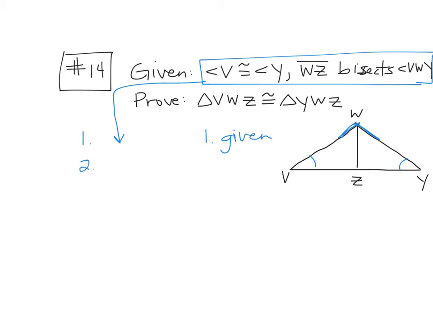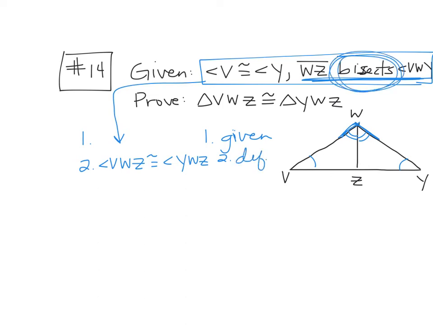Step 2, look at your given, right? WZ bisects. That means that these 2 angles are congruent. So you're going to say angle VWZ is congruent to angle YWZ. And remember, when you see that word, it's because of that. So definition of a bisector.